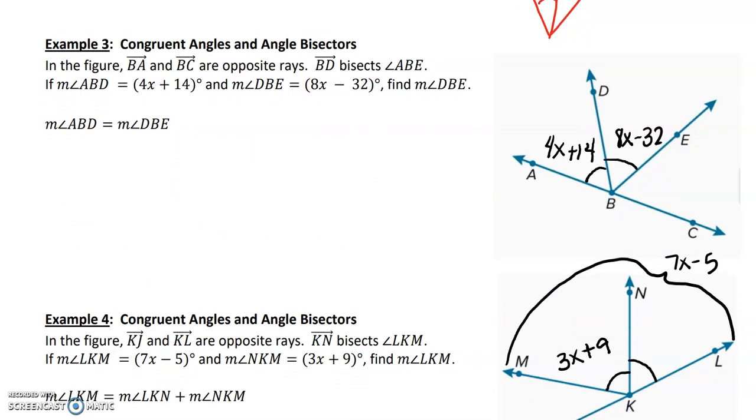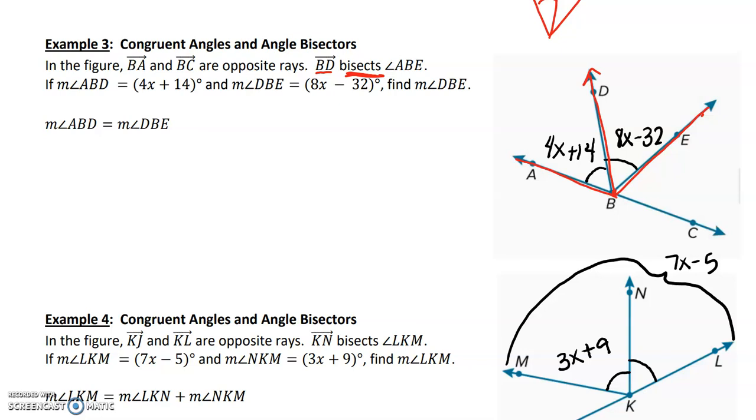So for this one, we know that this is opposite this, which means it's a straight line, which in the future will help us, doesn't necessarily help us that much on this one. But this right here, BD, that ray, bisects this angle ABE.